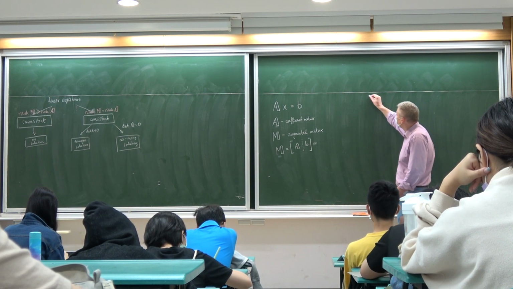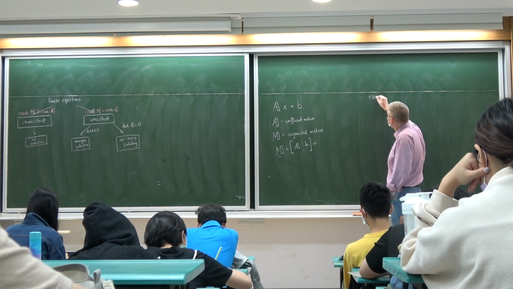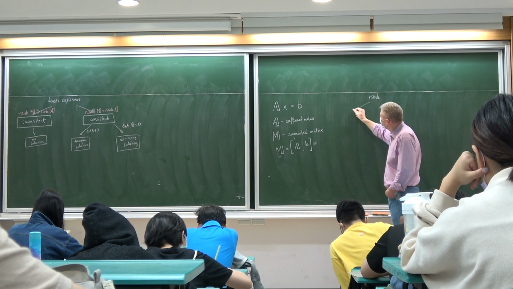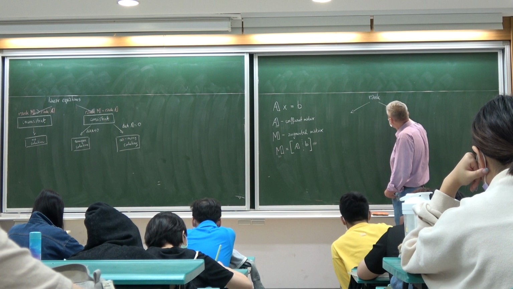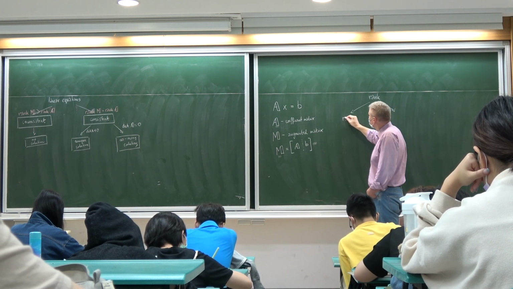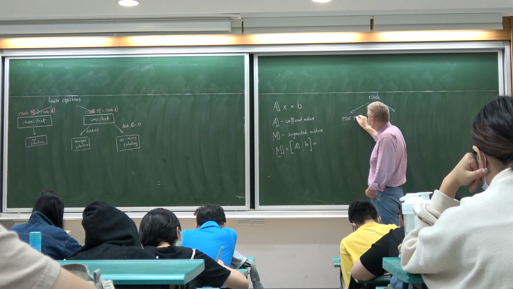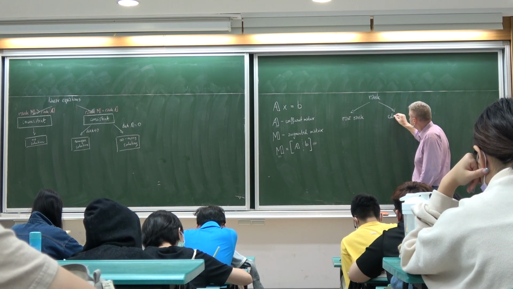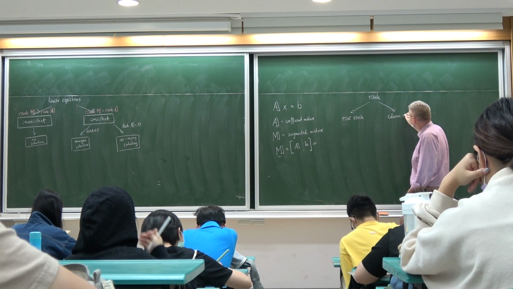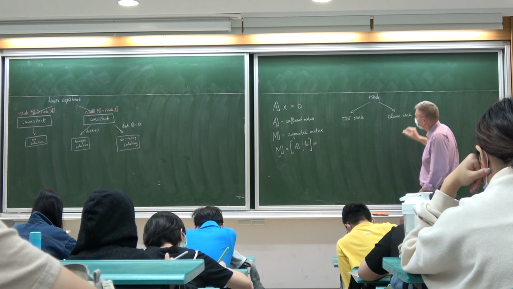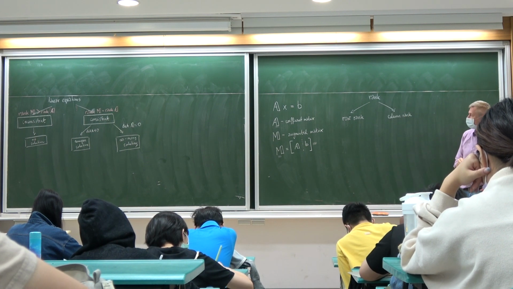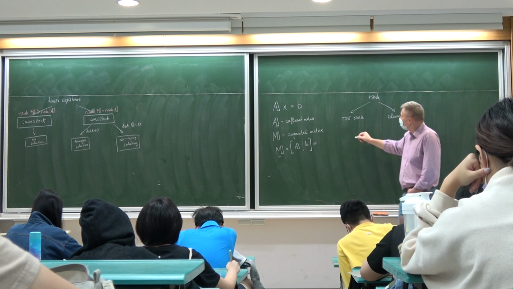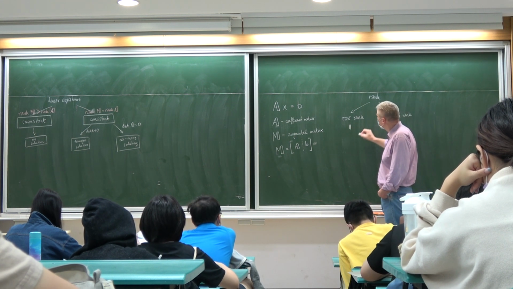So now the question is how to compute rank. In fact, rank comes in two versions: row rank and column rank. What is row rank?